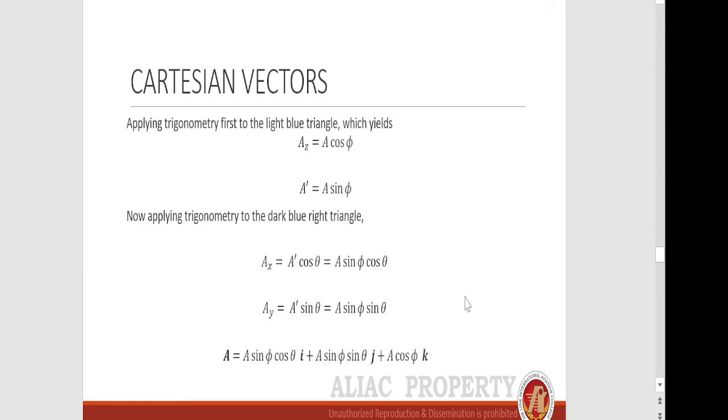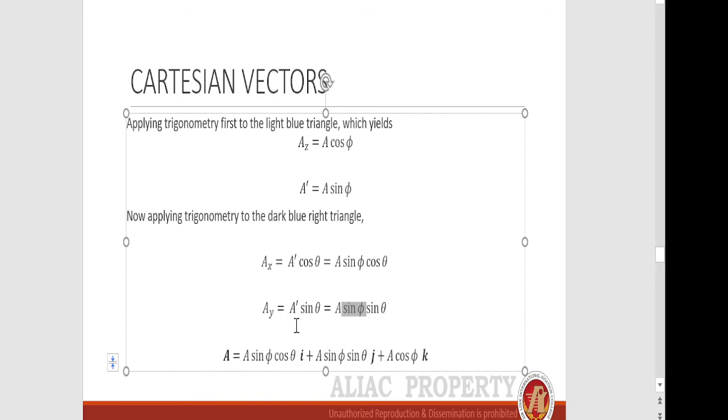So when you cross multiply, AY is equals to A dash sin theta. A dash we have a value already, A sin phi, substitute. So you will get the answer A sin phi sin theta.